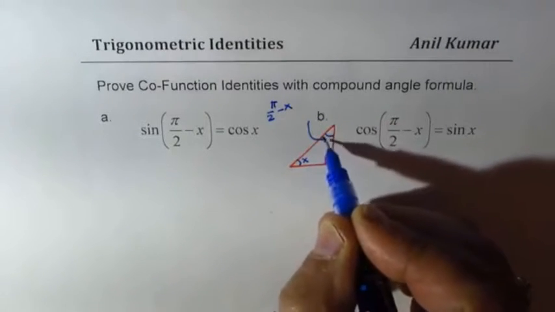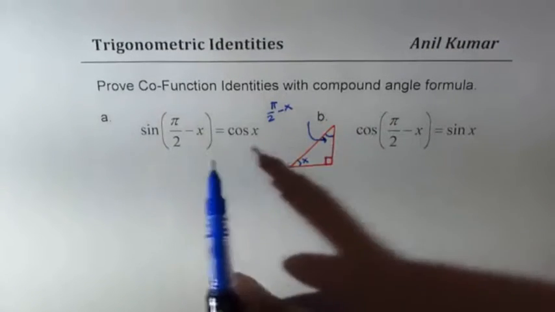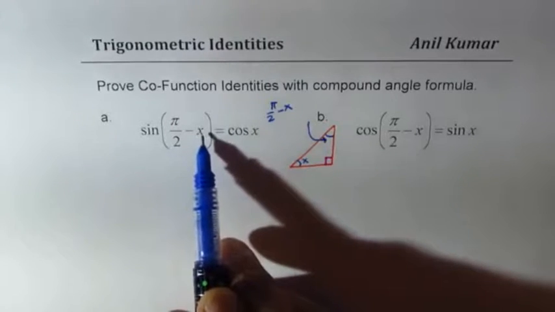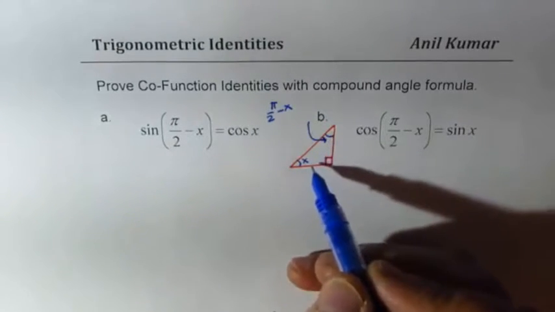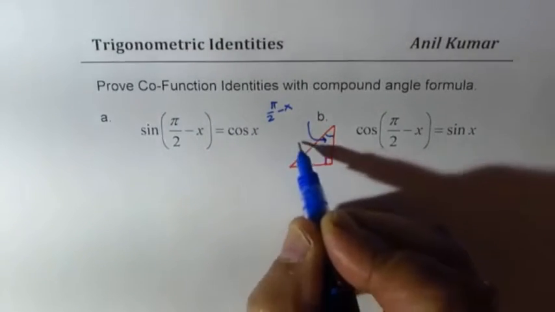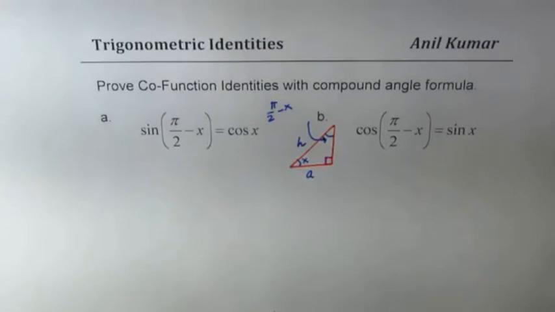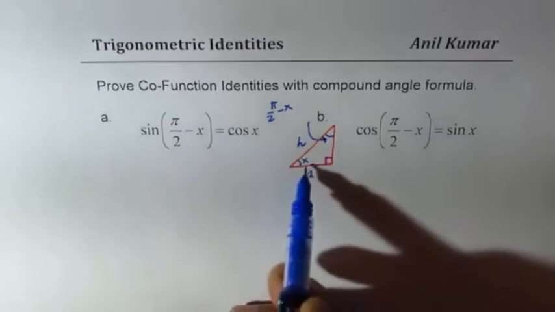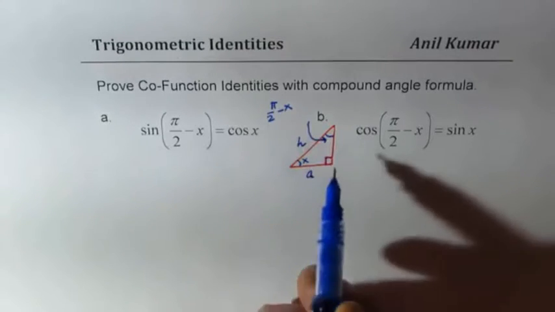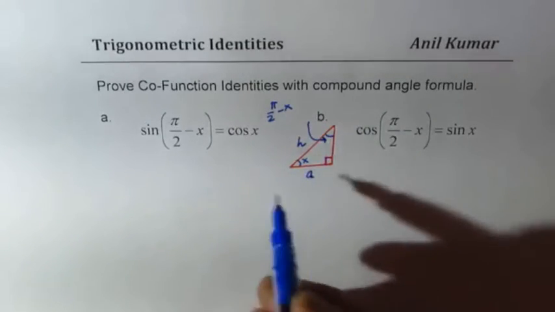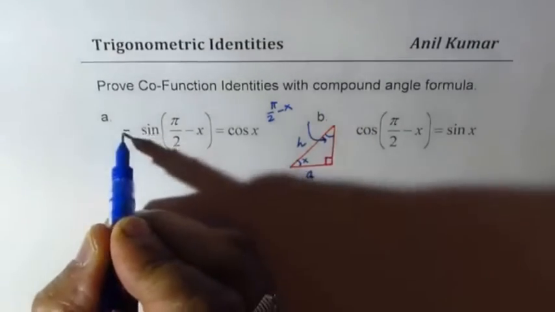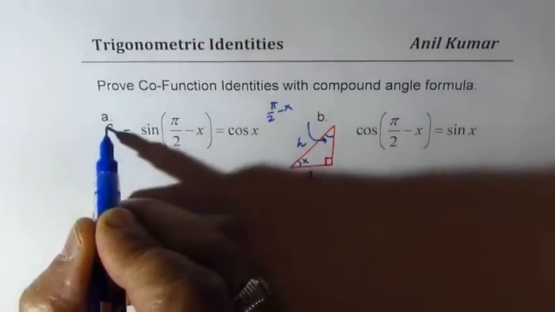Clearly you can see that sine of pi by 2 minus x, if you look from there, will be A over hypotenuse. And cos of x will also be A over hypotenuse. So both of them will be equal to A over hypotenuse.